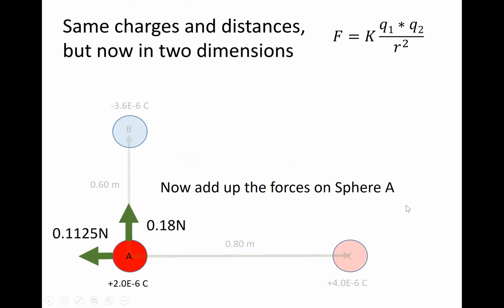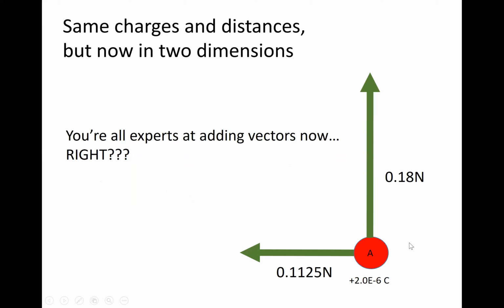But now these two forces are not opposing each other. One is up and one is to the side, okay? But that's not a problem. You guys know how to add vectors, right? You're all experts at adding vectors. So if I've got sphere A and it's got these two forces acting on it, all I have to do is add up the vectors and we're done, okay?